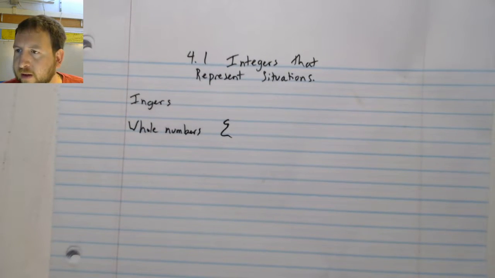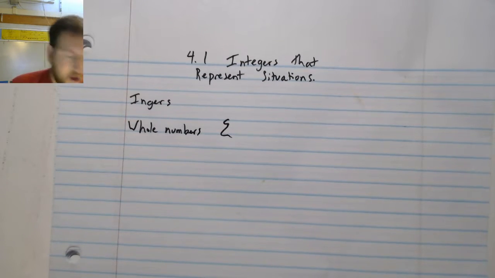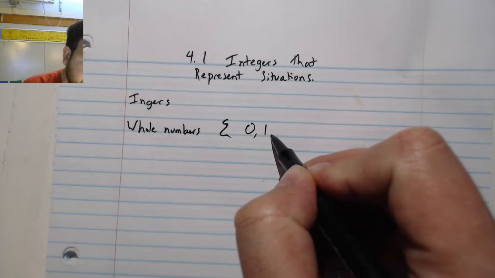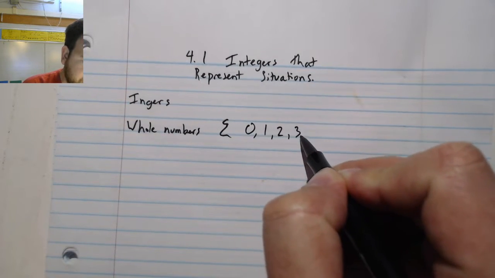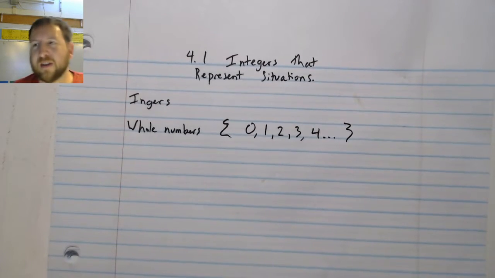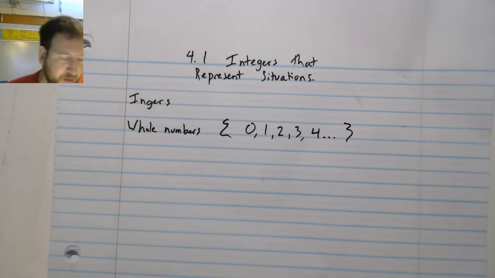Let me make it a little bit clearer. I use my little squiggly number set, and the whole number set starts at 0, and it goes 0, 1, 2, 3, 4, and it goes on infinitely in that direction, all the way up till forever, right?